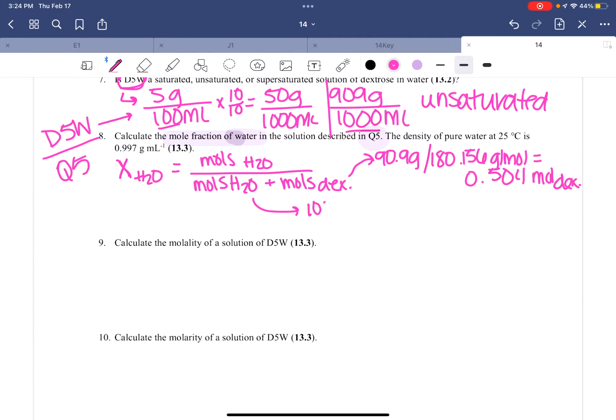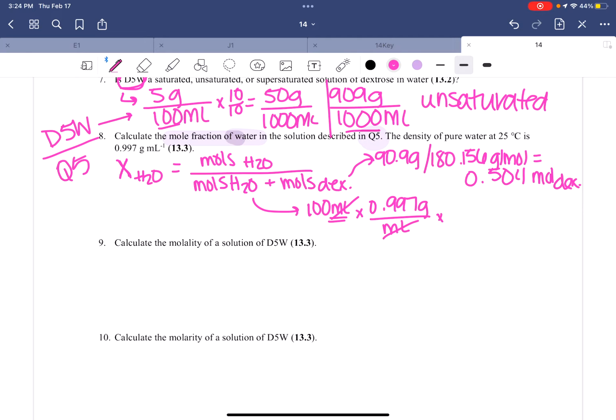And then we can do a very similar thing for the moles of water, but we're going to start with the volume that we're given. So that's 100 milliliters. Before we can use the molecular mass of water, we need to get out of these units of volume. The relationship between units of volume and units of mass is our density. So we're going to use the density of water, which is given as 0.997 grams per milliliter, and that makes the milliliter units cancel out.